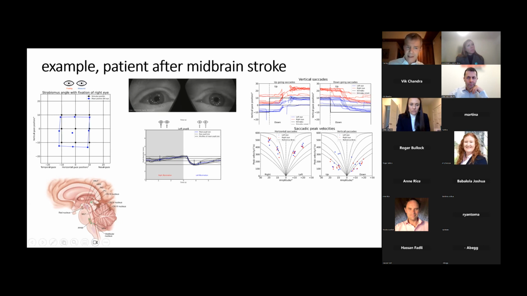And in between these regions is also the pupillary center where the pupil movements are guided. So in fact, we can just look at these traces and we know this patient has a dorsal midbrain syndrome.